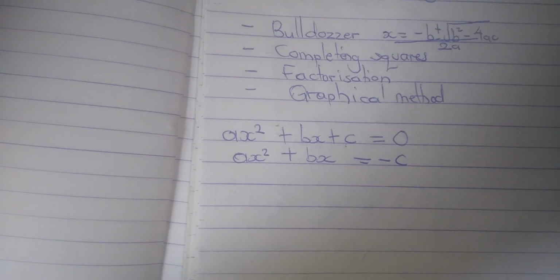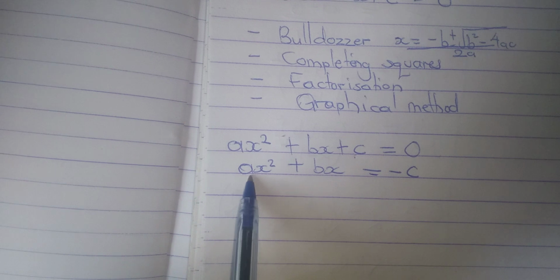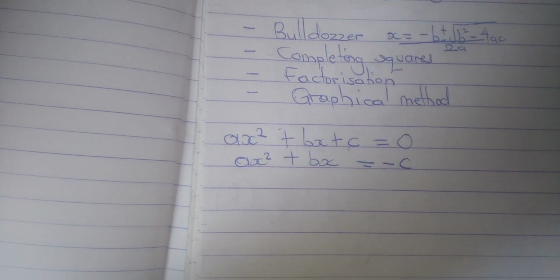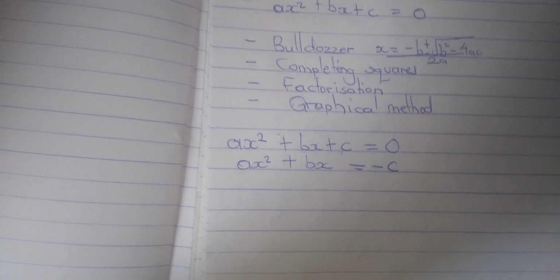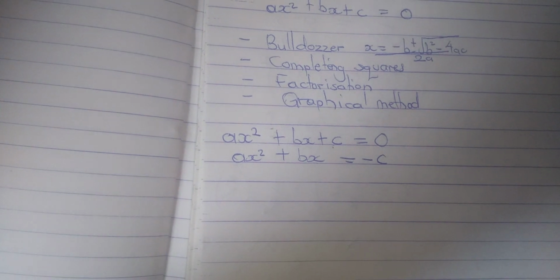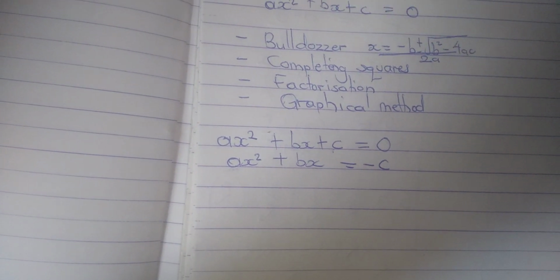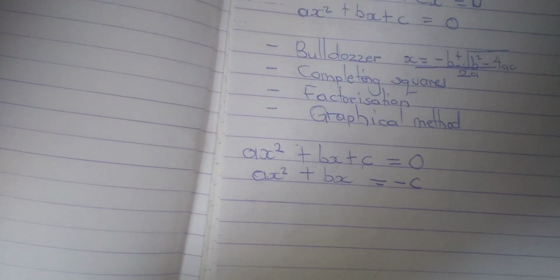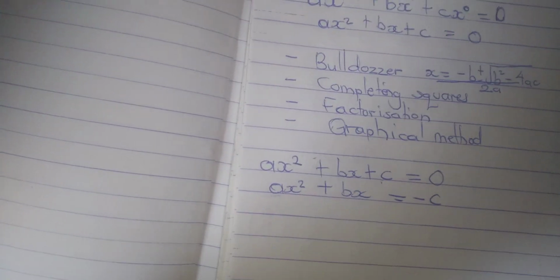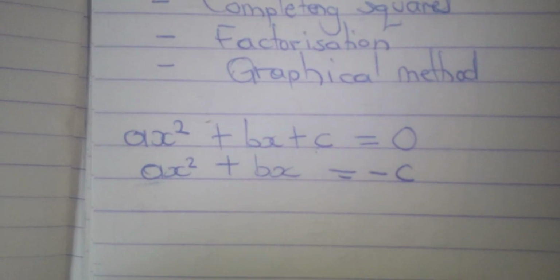After that, we shall make sure that the coefficient on x squared is always a 1. For this case, it is not a 1, it is a. The coefficient of x squared is a. So we have to remove that a and make the coefficient a 1.